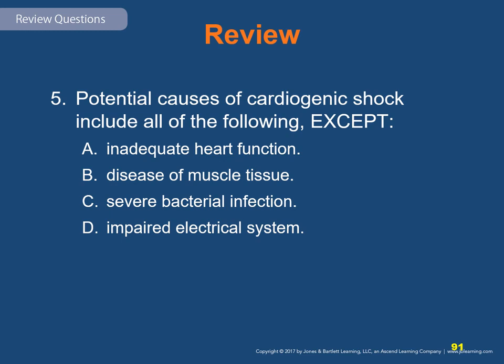Review question 5. Potential causes of cardiogenic shock include all of the following except: A, inadequate heart function; B, disease of muscle tissue; C, severe bacterial infection; D, impaired electrical system.